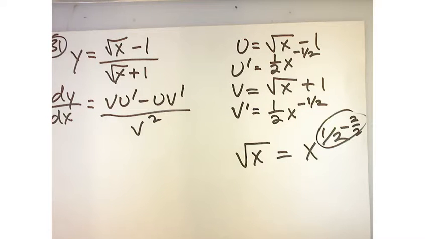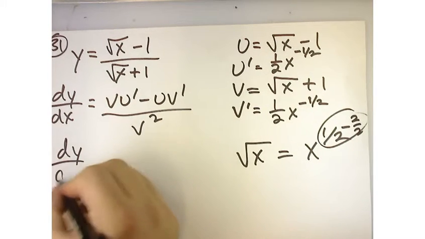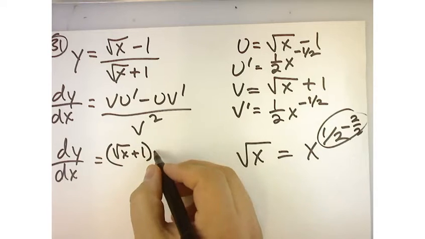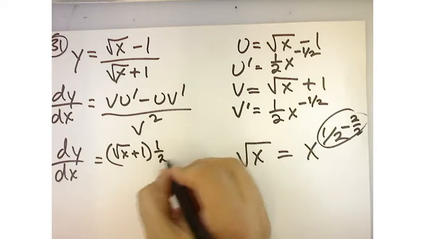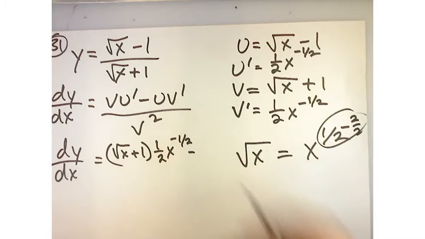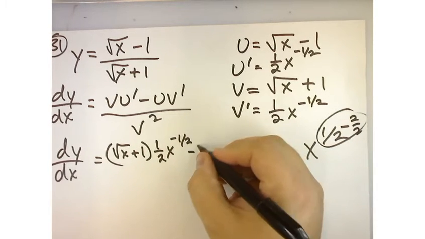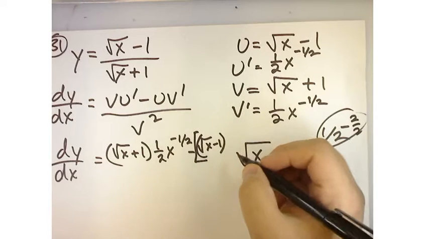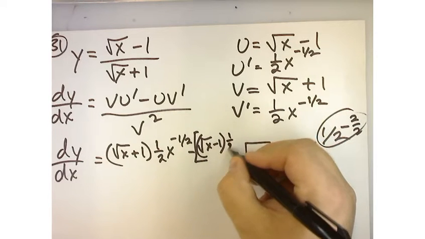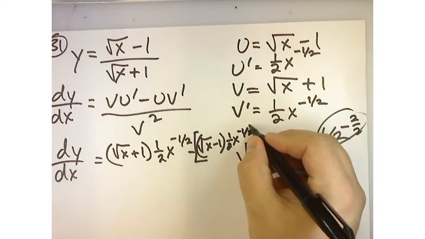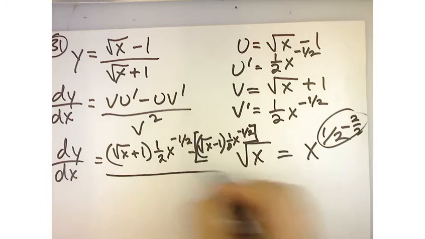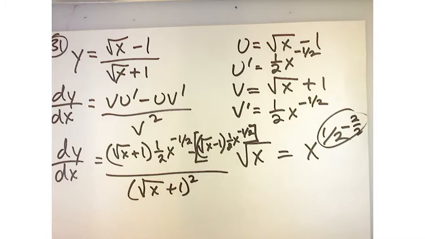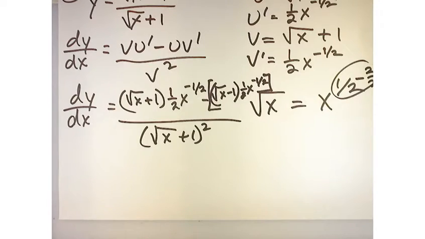All right, let's do it. dy/dx: v is the square root of x plus 1 times u prime, which is 1/2 x raised to the negative 1/2, minus u, which is the square root of x minus 1, times v prime, which is 1/2 x to the negative 1/2, all over v, which is the square root of x plus 1 squared. Okay, this is going to get a little messy before it gets nice and clean and neat.